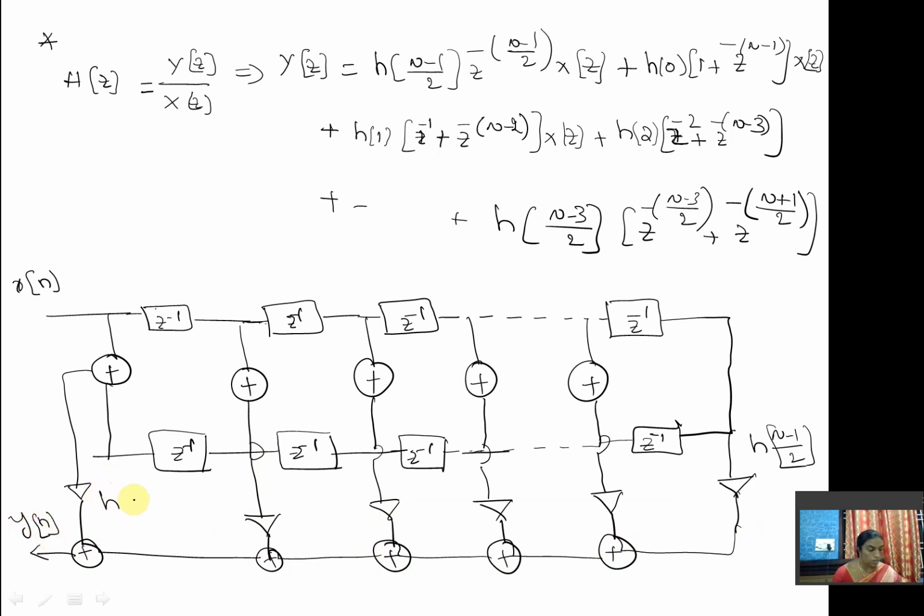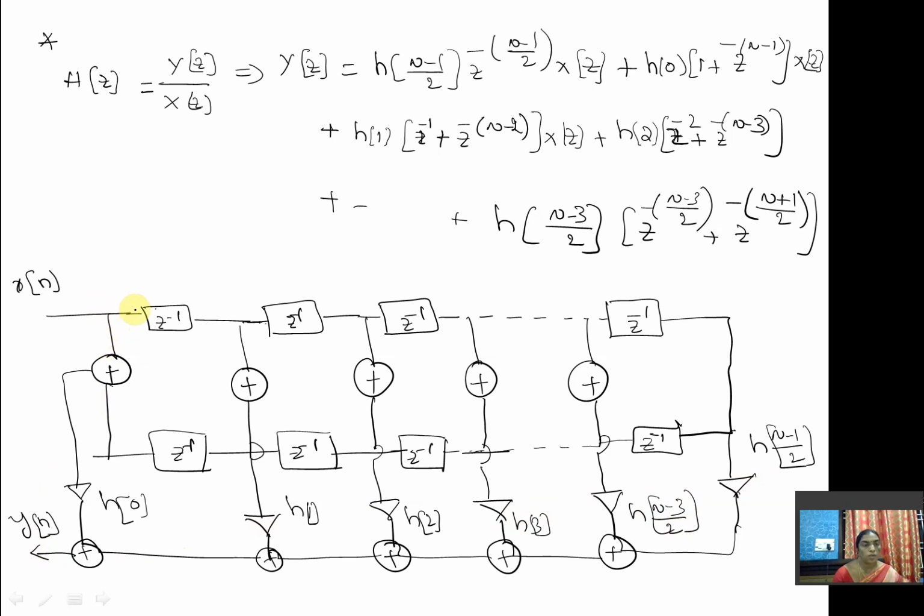Here is h(0), here h(1), here h(2), here h(3), and so on. Here h((N minus 3)/2), here h((N minus 1)/2).